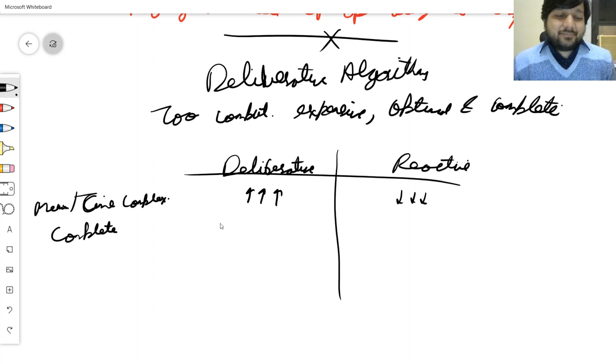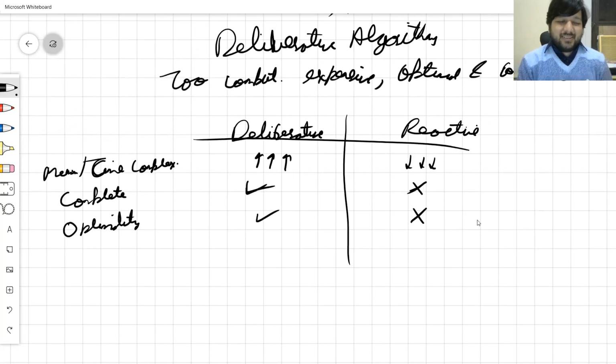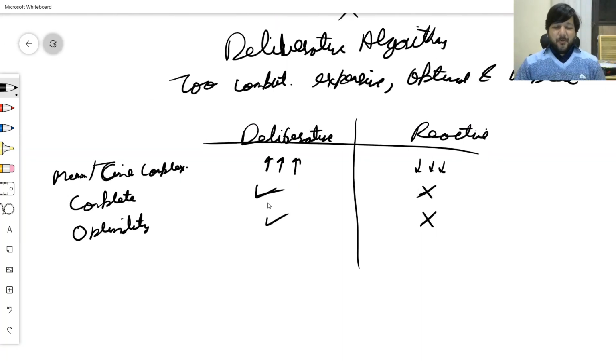Completeness: these are generally complete, subject to resolution. These are not. Optimality: these are generally good at optimal. These are not. There are reactive algorithms that are actually complete, but that's an exception. So I put generally no.